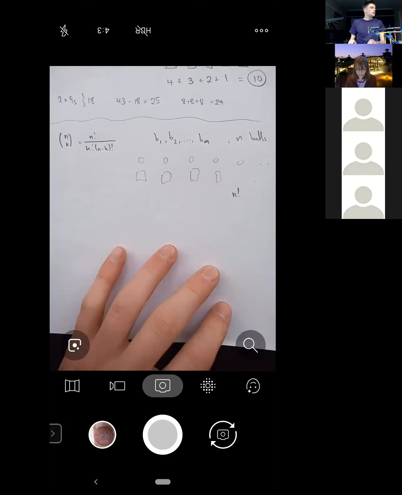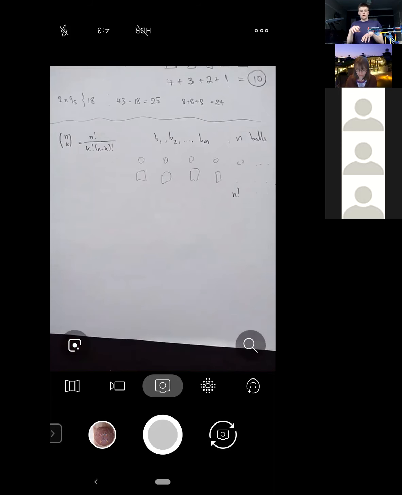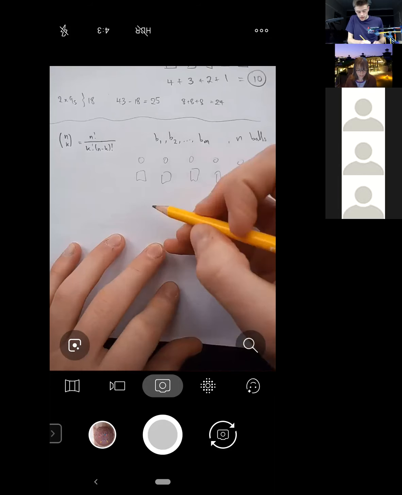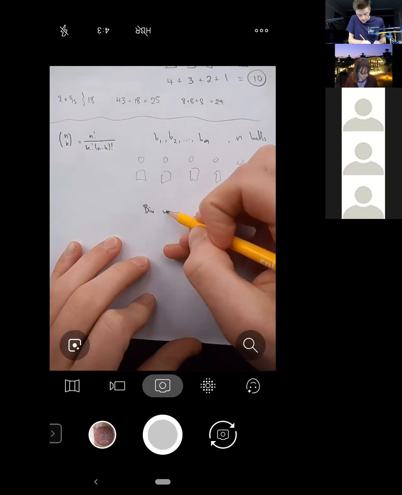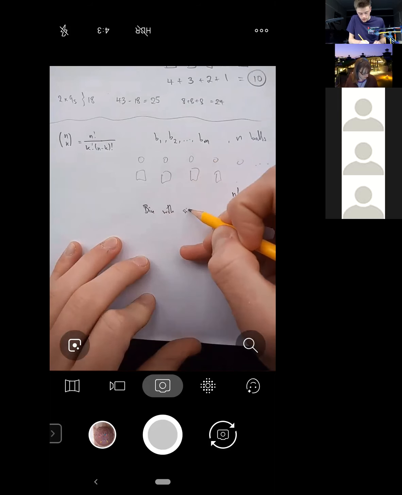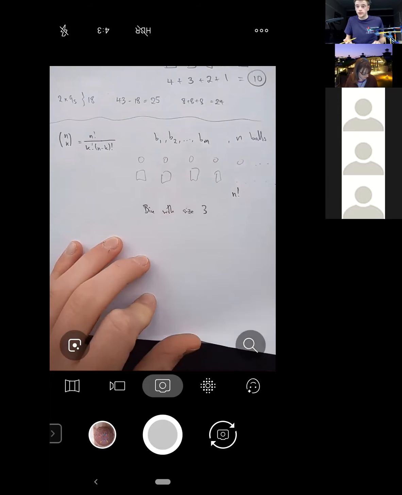But now if I'm putting them into boxes or bins, and I'm just asking for the number of ways to do this, I don't care how they're ordered in each bin. So say I'm putting them into bins, and say one of the bins has size 3, as in there are 3 balls in here.